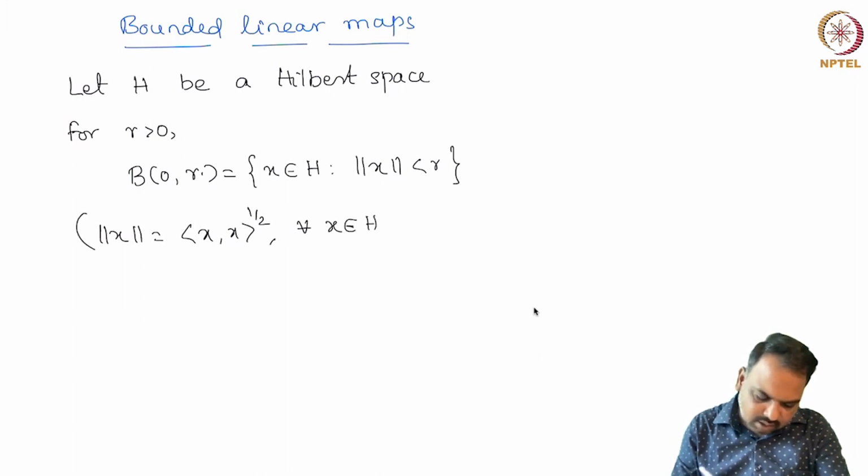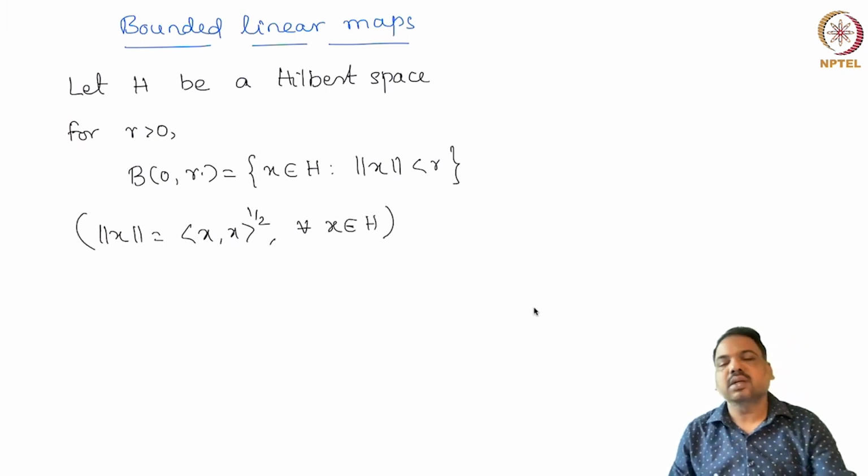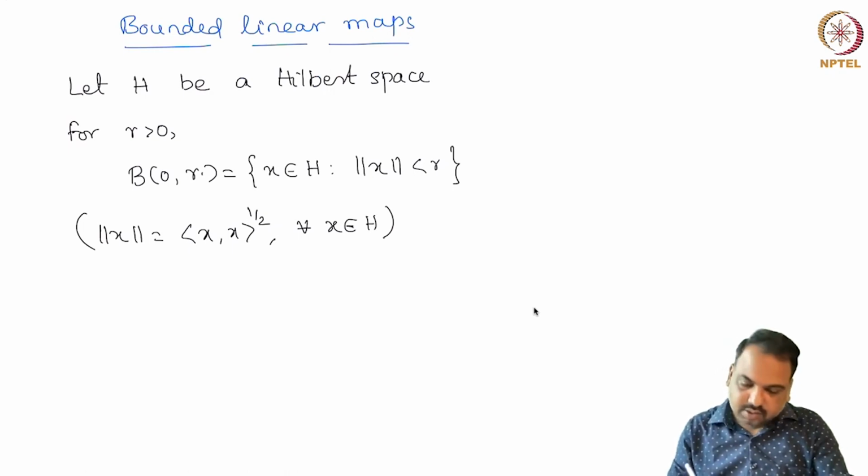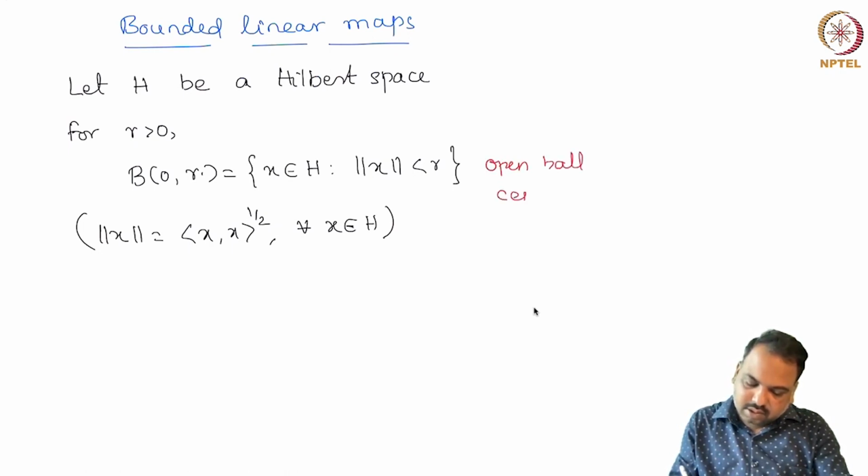All the time we will be looking at norms which are induced from the corresponding inner products of the Hilbert space. This is called the open ball centered at 0 with radius r.